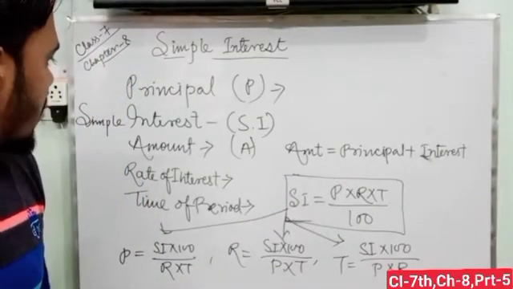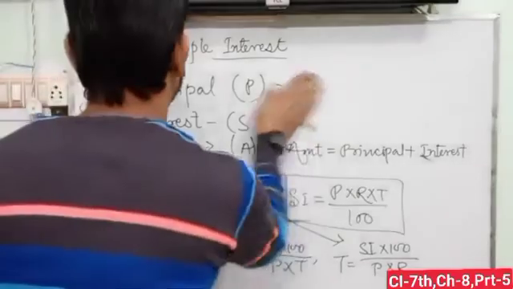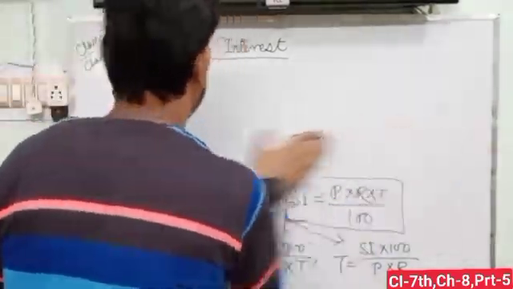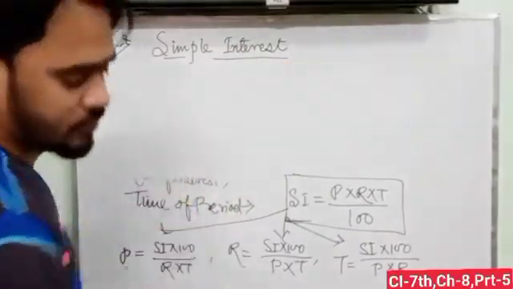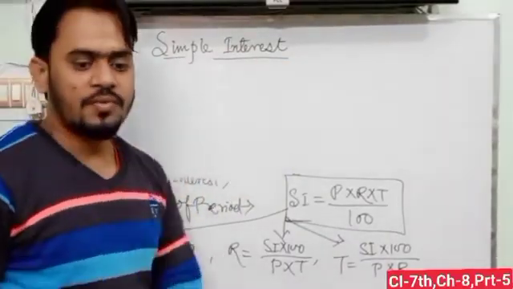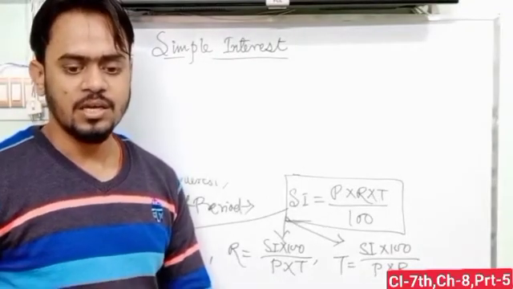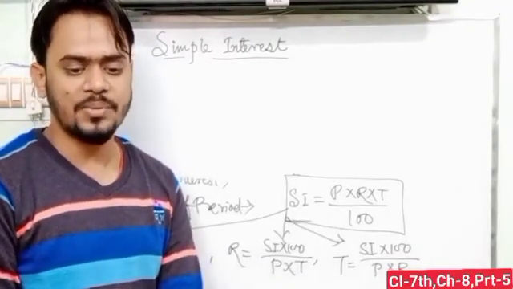So let's take an example. Find the amount to be paid at the end of 4 years if the principal is 1200 rupees at 10% per annum.